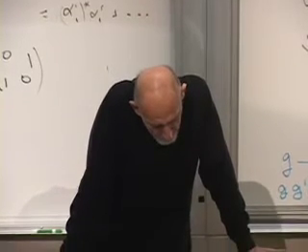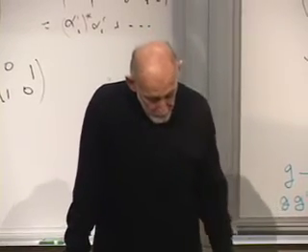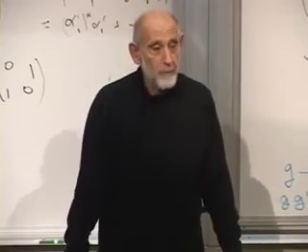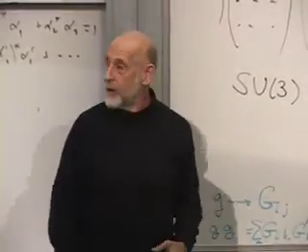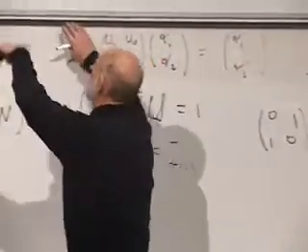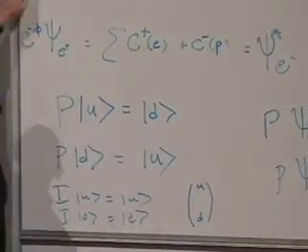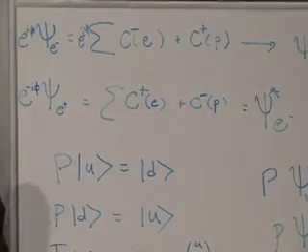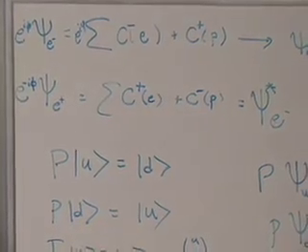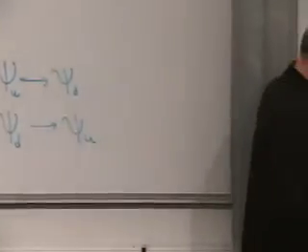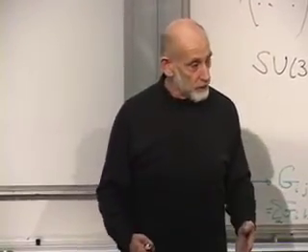Special unitary 3x3 matrices are a particular representation of SU3, but SU3 is the basic symmetry group of quantum chromodynamics. And just like quantum electrodynamics was invariant under this operation here, and that told us that in the Lagrangian, only things with the same number of psis and psi daggers can enter, the idea that the Lagrangian is invariant under SU3 also has profound consequences for the symmetries and the conservation laws.